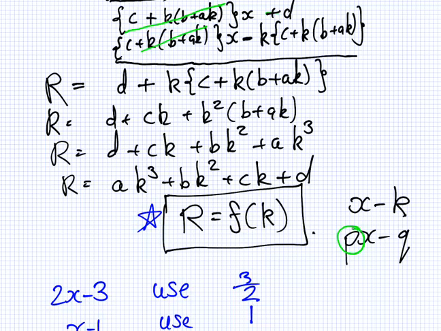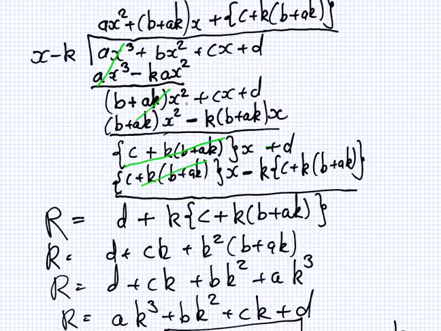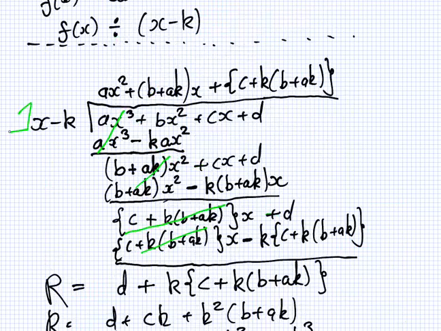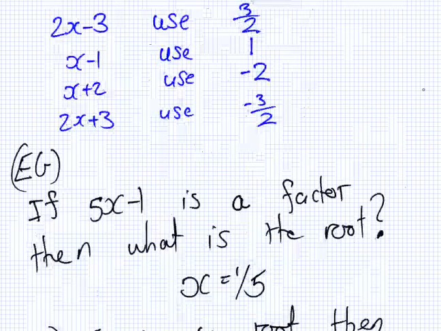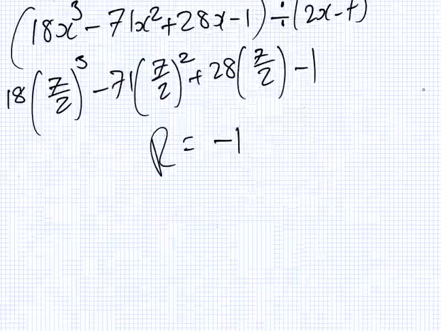Does anyone know? 1/5. Yeah, x is 1 over 5. But what about if we go backwards? If I say 5 over 3 is a root, then what is the factor? 3x minus 5. Can you repeat again? Yeah, there wasn't much to repeat.